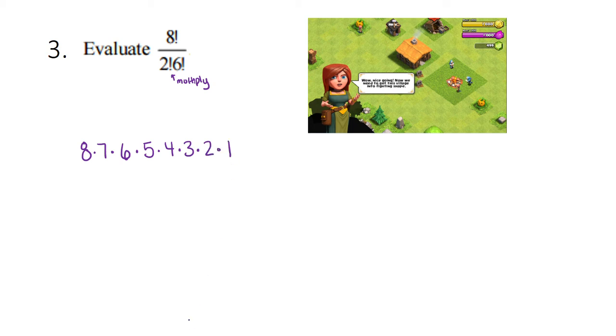We could write that all out, or we could use the new way of writing factorials, which would be saying 8 times 7 times, and then I notice there's 6 factorial on the bottom, so I'm going to write it as 6 factorial.